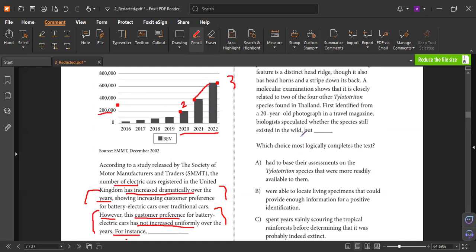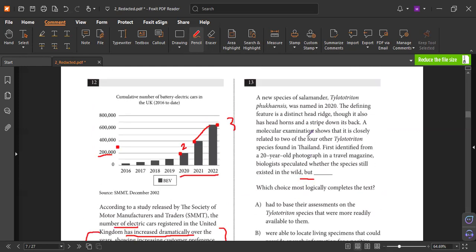To complete again, I said but, so we need the opposite. Let's go to read.